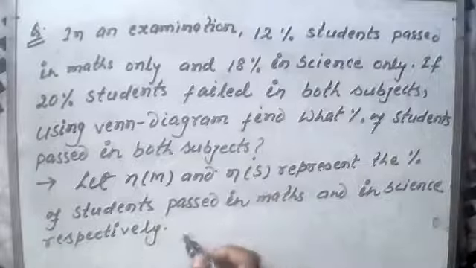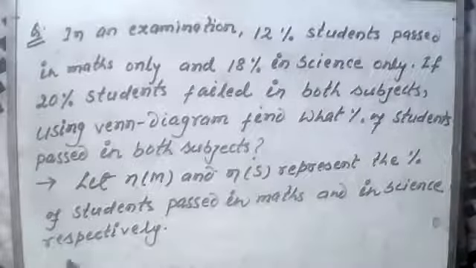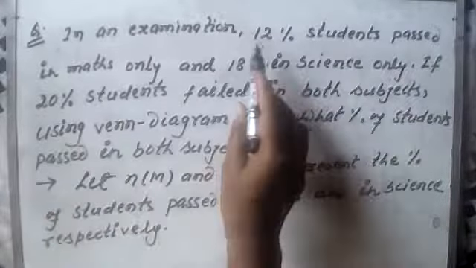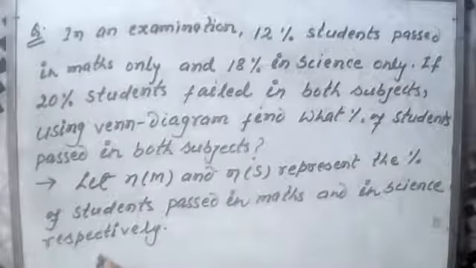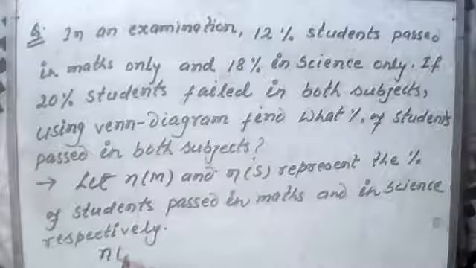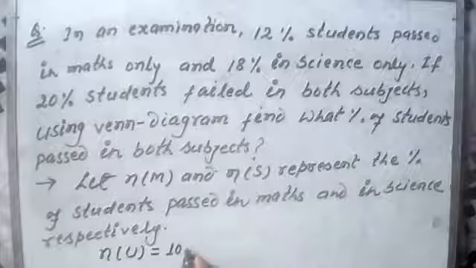Now we can write the given components from the question. 12% of students passed in maths only, and the total number of students is always 100%, whatever the number given.